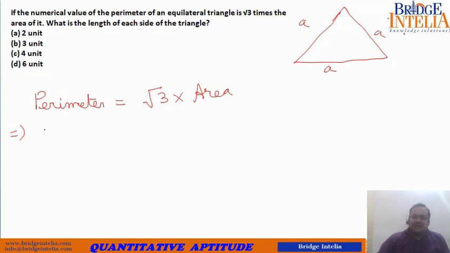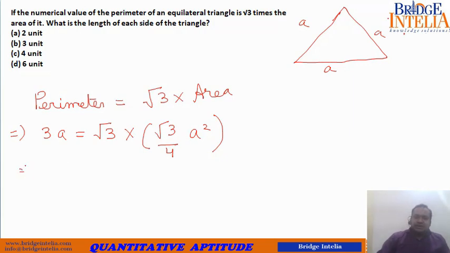So 3a is given to be equal to root 3 times, what is the standard formula for area of an equilateral triangle? As we just discussed, it is root 3 by 4 into a square. So this is what is given, and we have to calculate a. So pretty simple, let's do that.